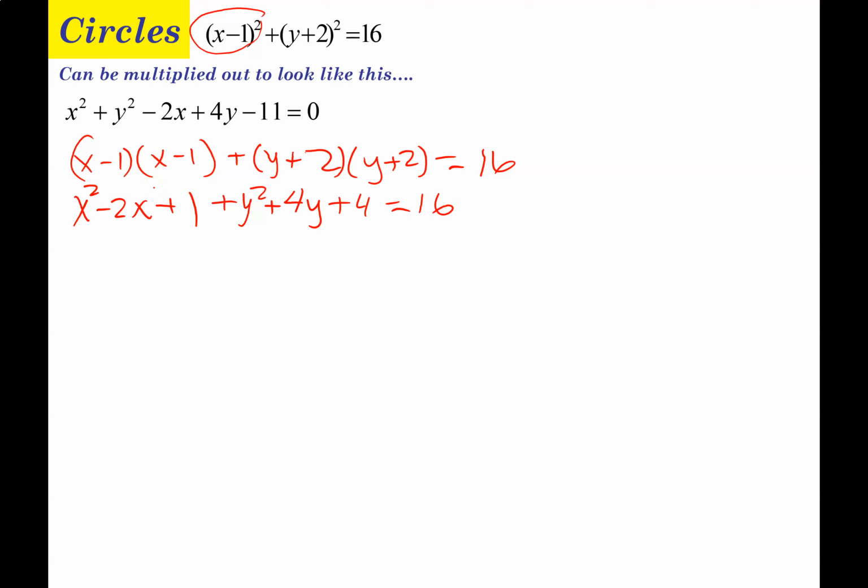Combine your like terms, please. So, moving that 16 over, 1 plus 4, that's 5. So we have plus 5 technically. And then we're going to take the minus 16, and that's where we get the negative 11 equals 0. All right, that's where that's coming from.